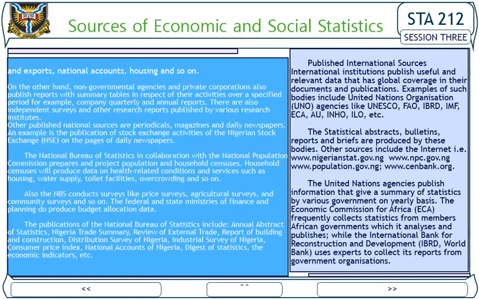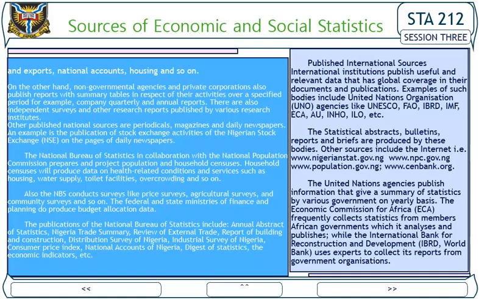The National Bureau of Statistics, in collaboration with the National Population Commission, prepares and projects population and household censuses. Household censuses will produce data on health-related conditions and services such as housing, water supply, toilet facilities, overcrowding, and so on. Also, the NBS conducts surveys like price surveys, agricultural surveys, and community surveys.